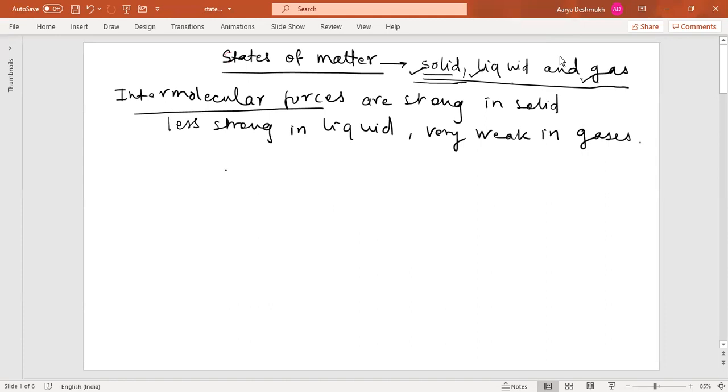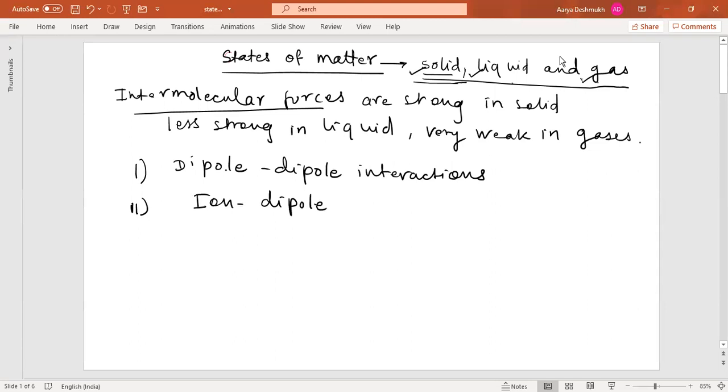So there are five types of intermolecular forces. The first one is dipole-dipole interaction. Second one, ion dipole interaction. And the third, dipole induced dipole interaction.